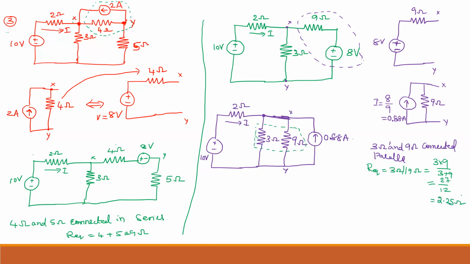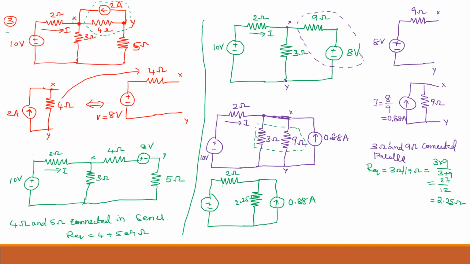2.25 ohms. Now again, you have to draw the same circuit. Here the 3 ohm and 9 ohm are replaced with a single resistor, that is 2.25 ohm, and a current source of 0.88 amperes. So this will become 2.25 ohms.